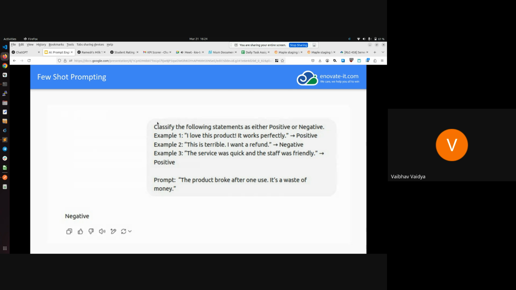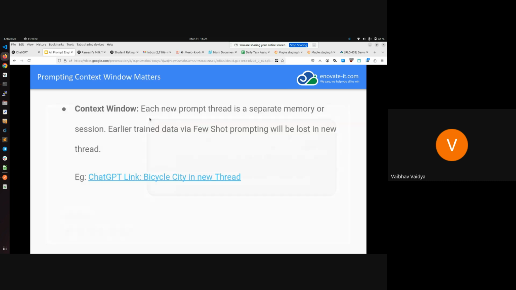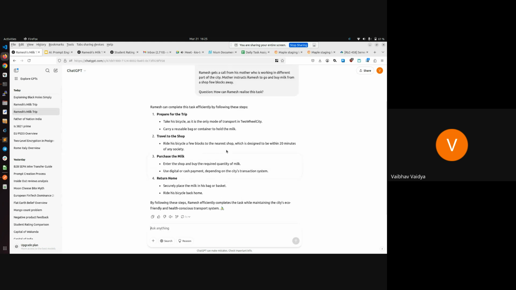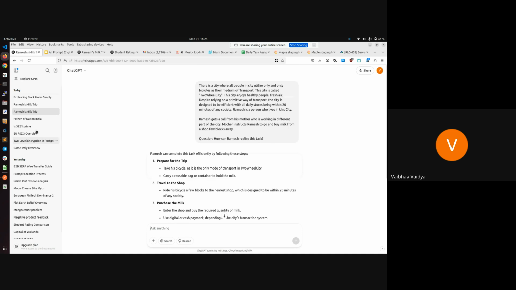Again, I've given prompts here. I've given screenshots in case these links expire or ever don't work. One thing you need to also realize for this prompting is that every prompt we make is in the context of that particular thread. By thread, I mean on the left-hand side, you see multiple chat windows, or chat tabs rather. Anything specified in one tab won't be shared across my other tabs.